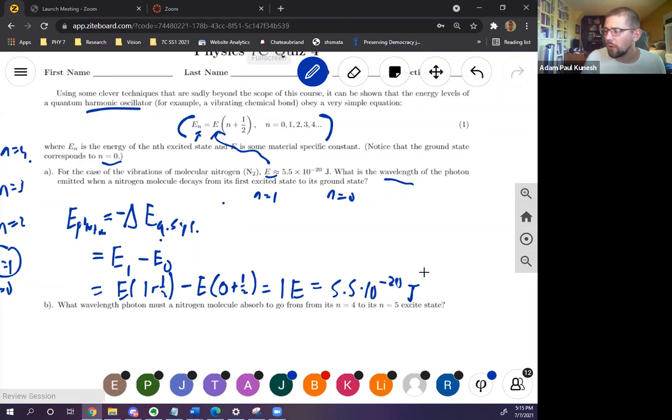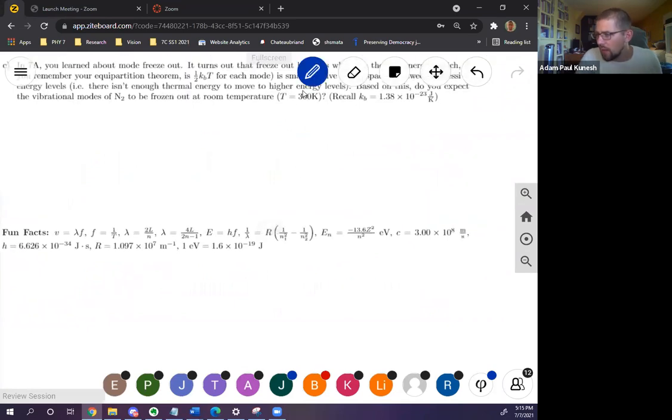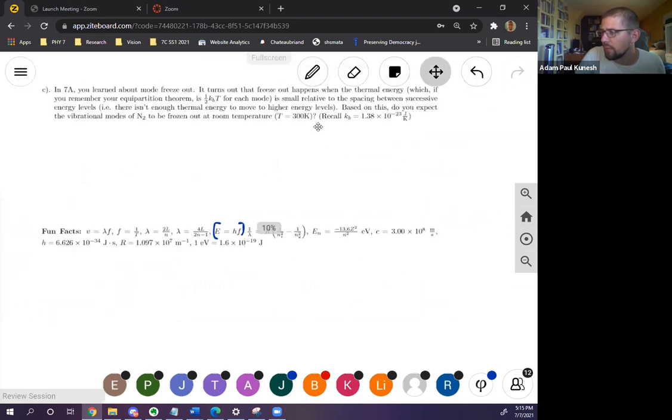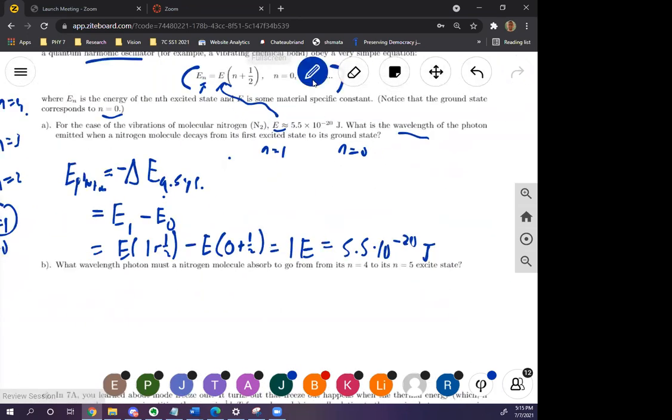All right, what was the point of that? Why did I find that energy? Well, the good news about photons is if we know a photon energy, we have a relationship that can take us directly to wavelength. So if I check out down here, the energy of a photon is HF, where H is Planck's constant. Wait, isn't it energy equals HF over wavelength?